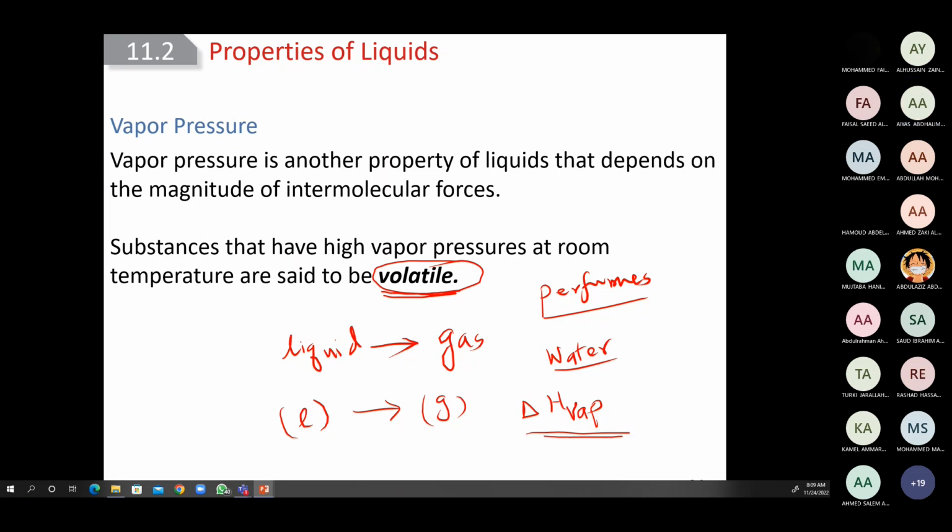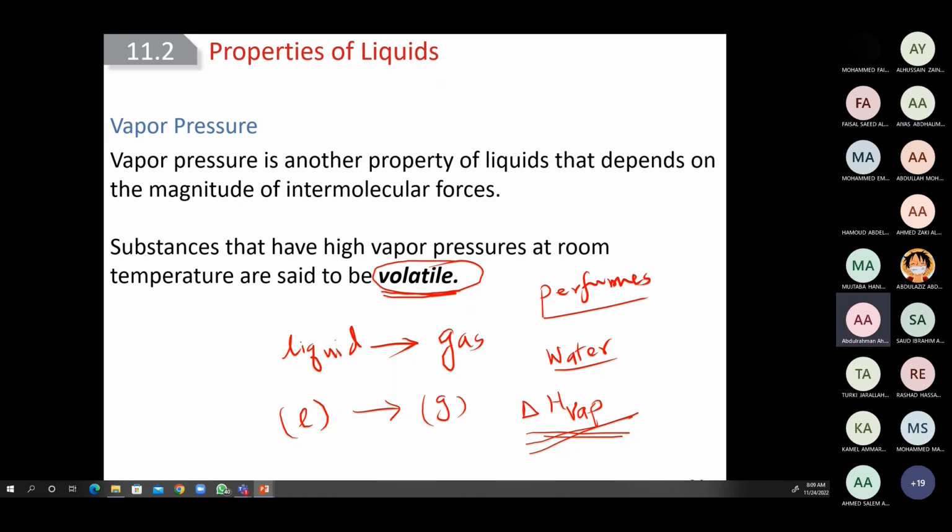I think yes. Of course. The smaller delta H, the more it's volatile. Exactly.